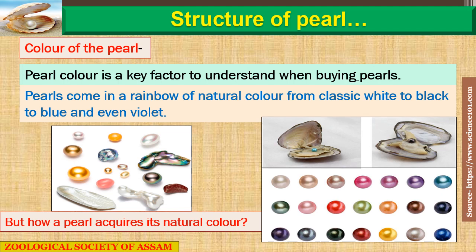However, in case of Pinctada fucata, the color of the pearls produced may be golden yellow, pink, white or cream, depending on slight differences in the site of the nuclei implantation.